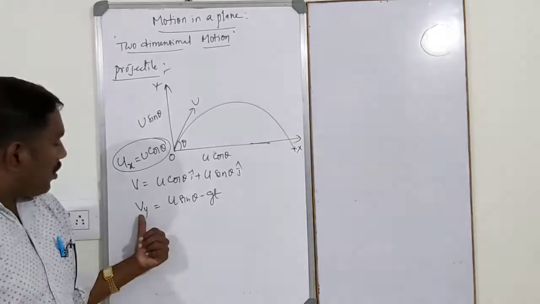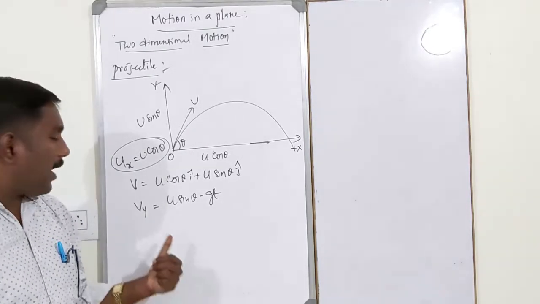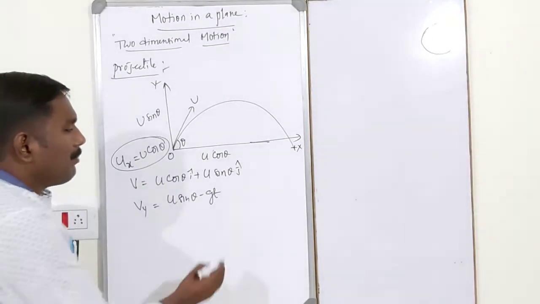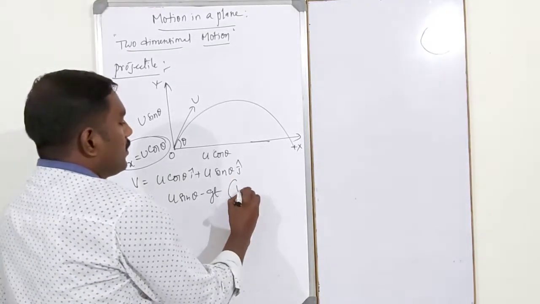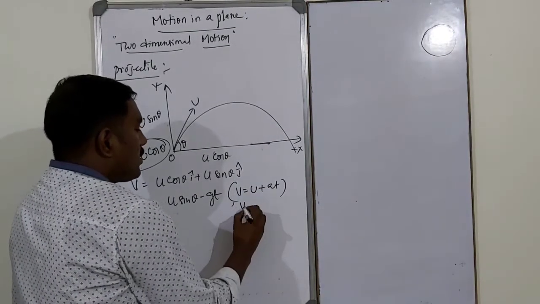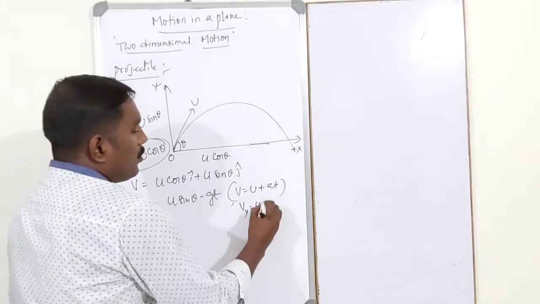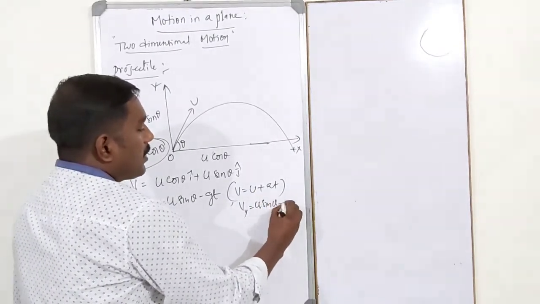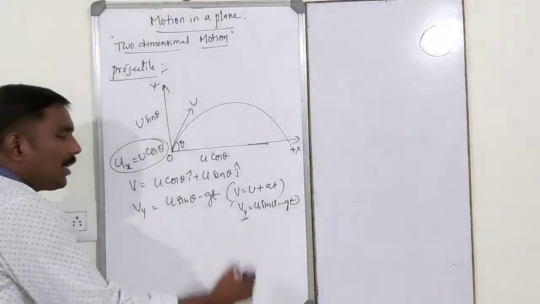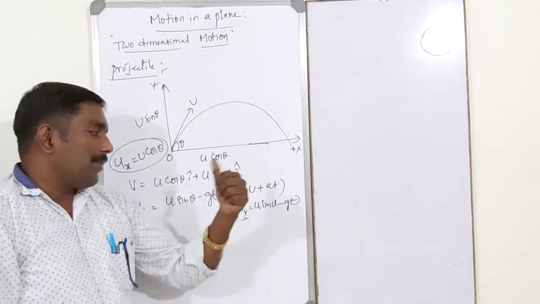So Vy, the velocity of the projectile at any instant of time in the vertical direction, is equal to u sin theta minus gt. Simply, it is v equal to u plus at. Here I take the vertical velocity as u sin theta, and a is minus g, into t. So this is the vertical component of the projectile after time interval t.